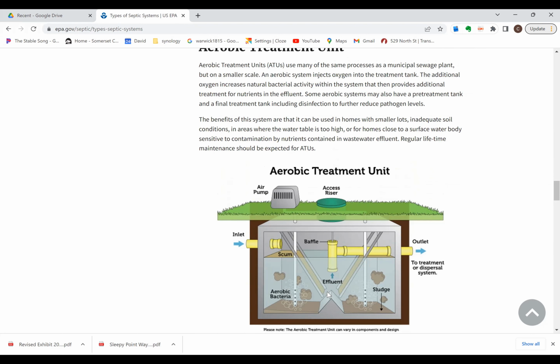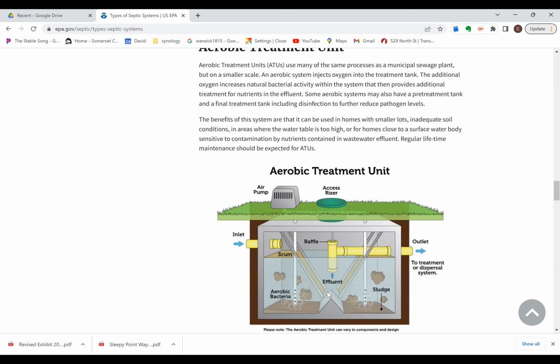No, not really. The advantage of this is when you have a smaller lot, you're breaking stuff down more efficiently and getting rid of more of the gross things. You're disinfecting the gray water more in this than you would in a traditional tank that kind of just does its own thing.